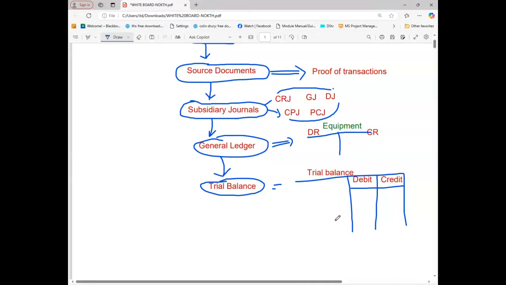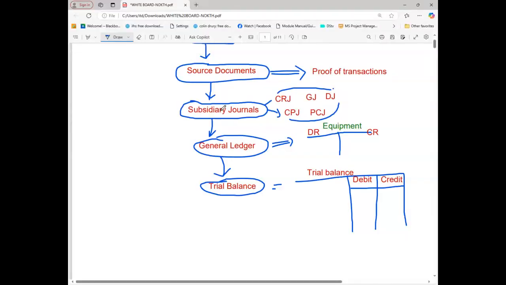They must all come with the general journal. General journal, so from the general journal to a trial balance.